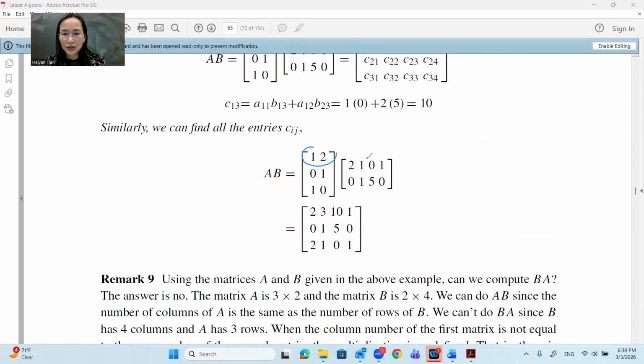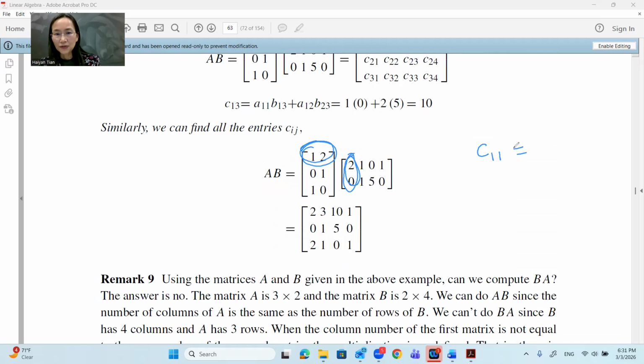For example, if I do the first row of A and the first column of B, then you will get one entry of the product. How do you calculate the 1,1 entry?